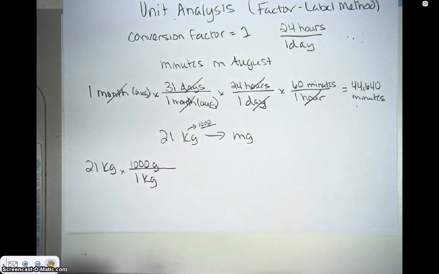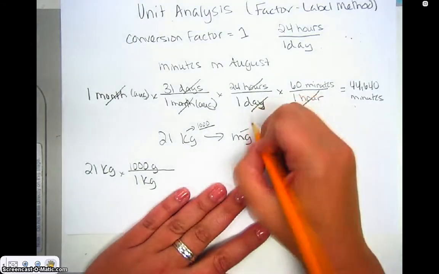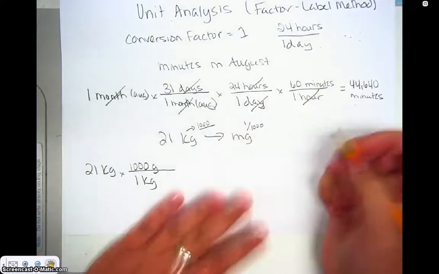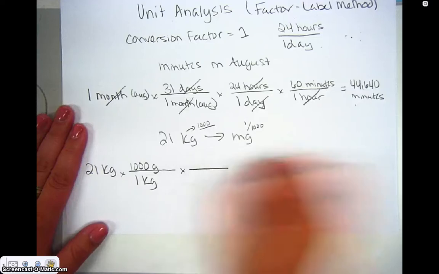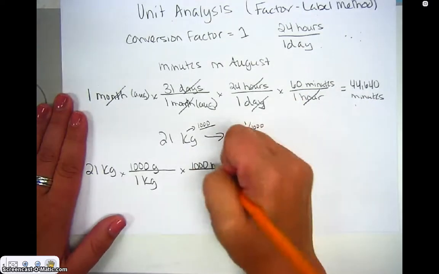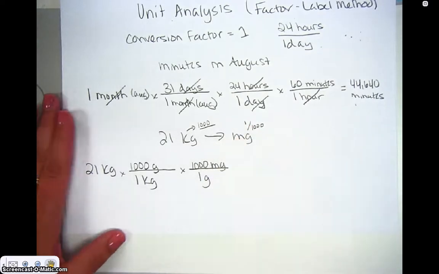Now I want to go from grams to milligrams. And remember, milli means 1/1000th. So there are 1,000 milligrams in every 1 gram.